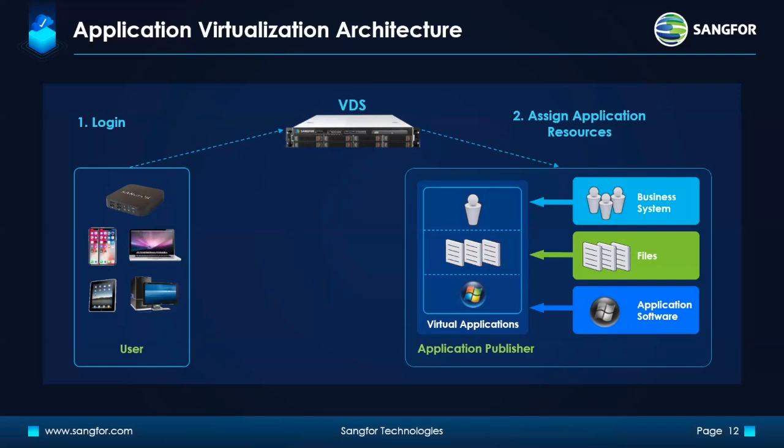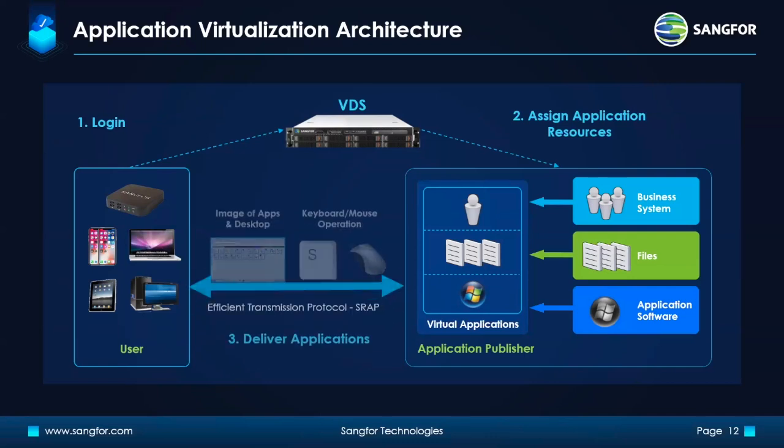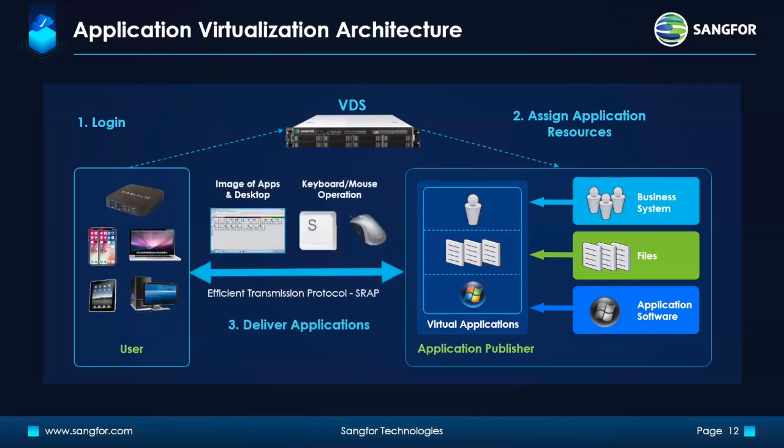This slide indicates the application virtualization architecture. Each and every user, when they log in, the VDS will assign some resources which are already given to that particular user. So whether it is a business system, file server, or software application, you can map those to a specific user.